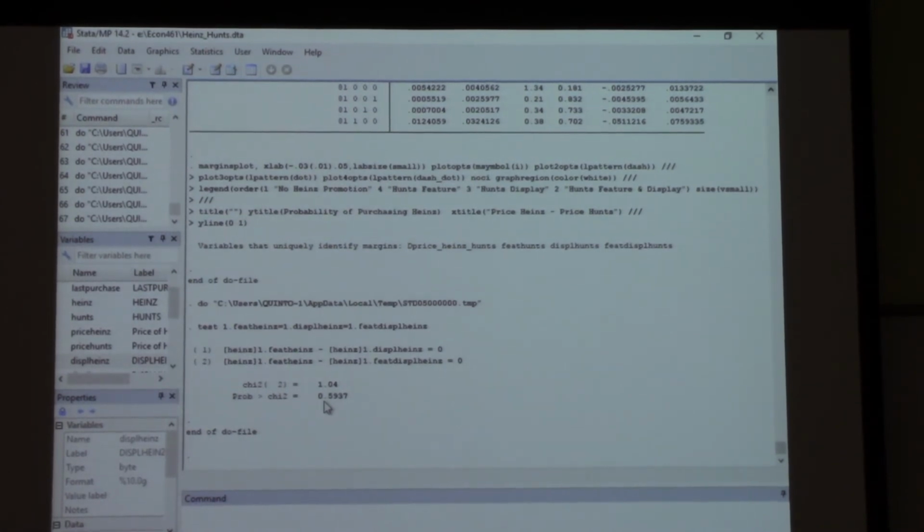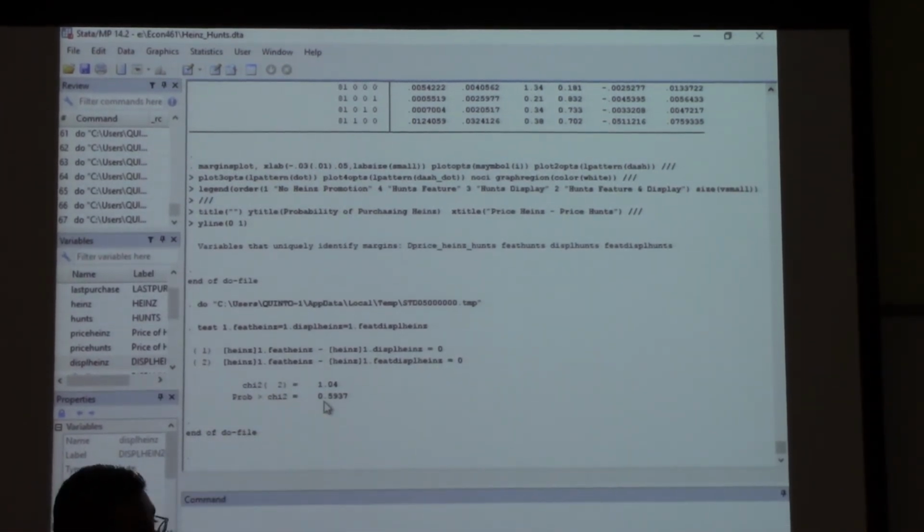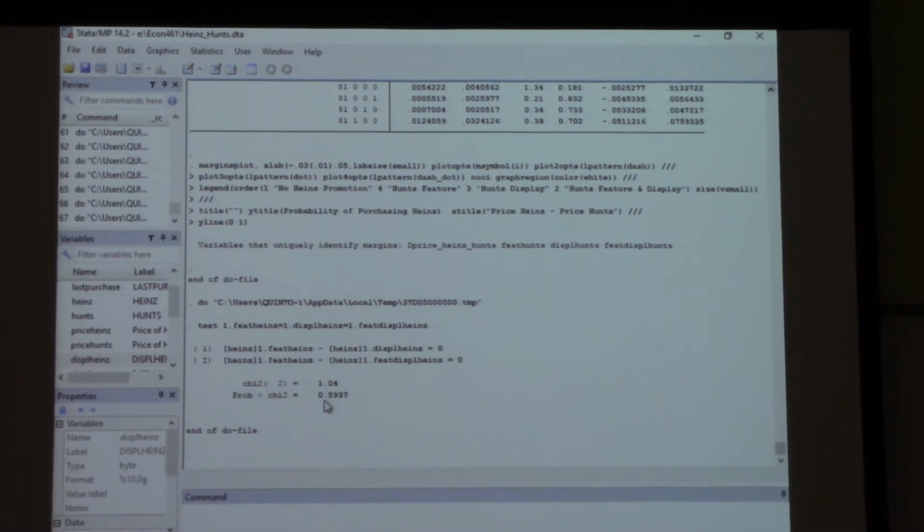That's what the 1 means. So the null hypothesis is that the effect of feature is the same as the effect of display, which is the same as the effect of feature and display. That's the null hypothesis, that all 3 promotional effects are the same. Very small chi-square value, very large p-value, so we reject the null hypothesis that all 3 promotional effects are the same.